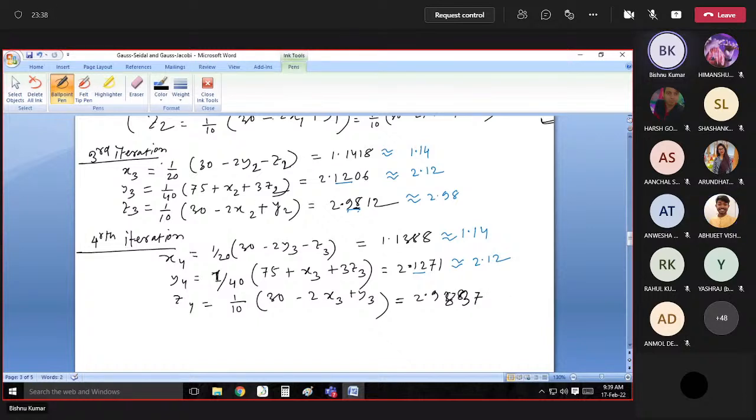That is approximately 2.98. So with the help of these two iterations, if the question asks you to write the answer up to 2 decimal places, you may write the approximate answer: x is 1.14, y is 2.12, z is 2.98, isn't it?